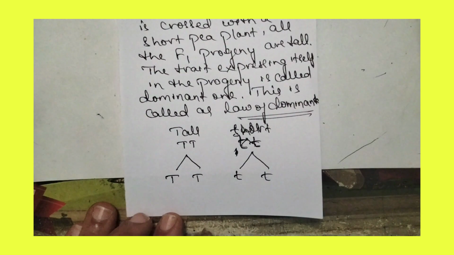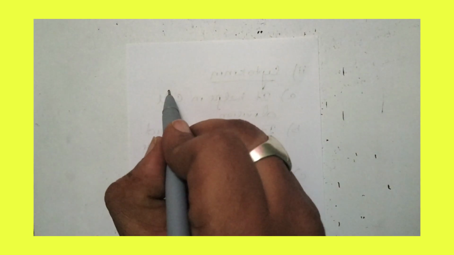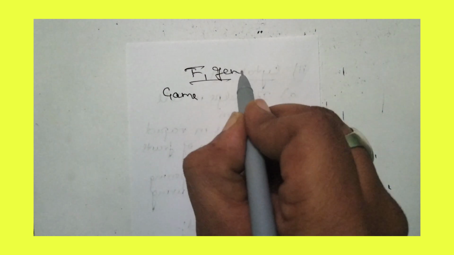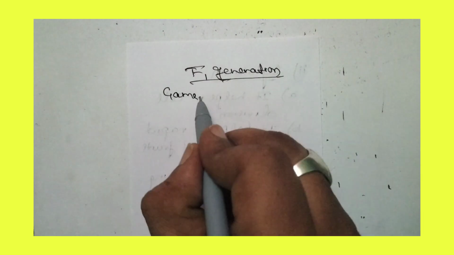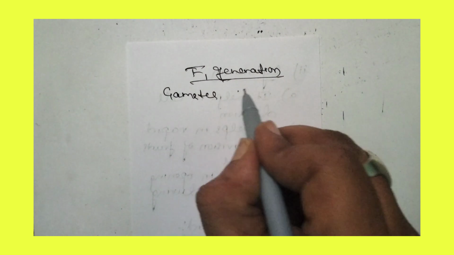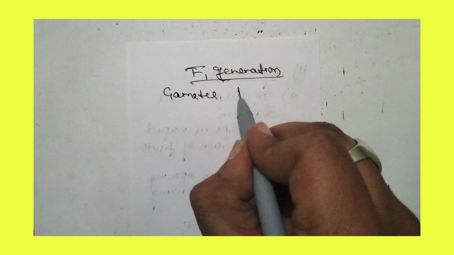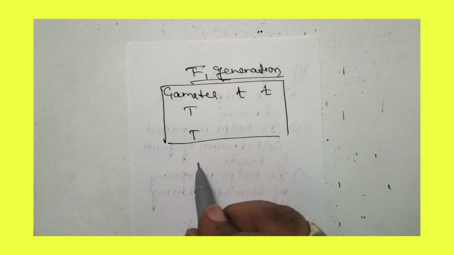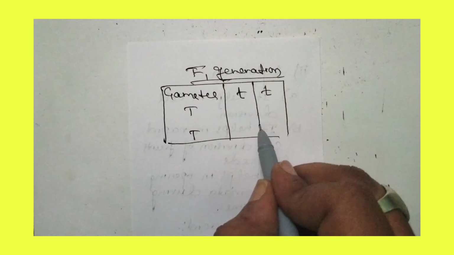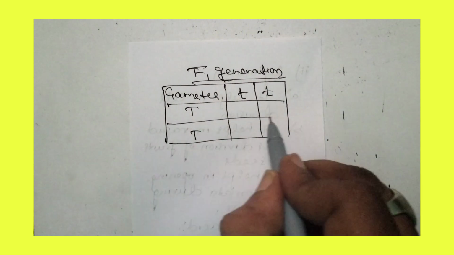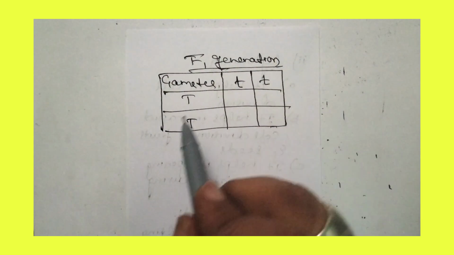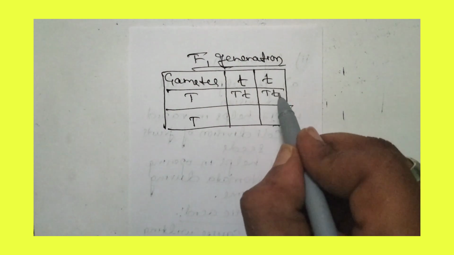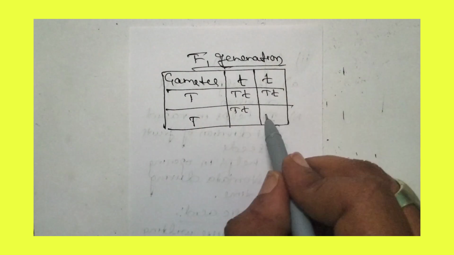Now let us write the checkerboard for the F1 generation, with gametes small t and capital T. Observe here: capital T crossed with capital T small t, capital T cross with small t, capital T cross with small t.